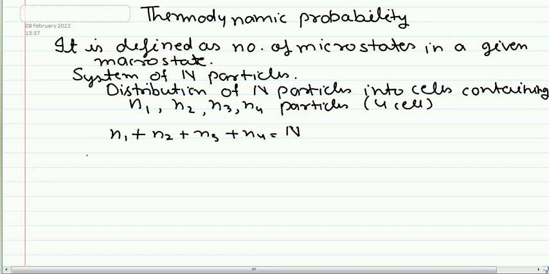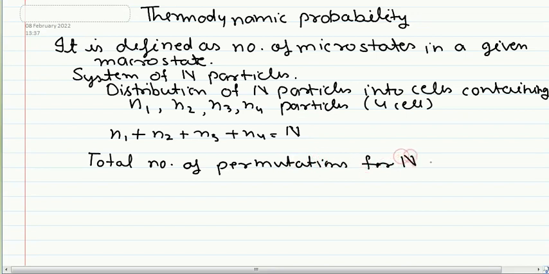Then the total number of permutations for N particles is equal to N factorial.